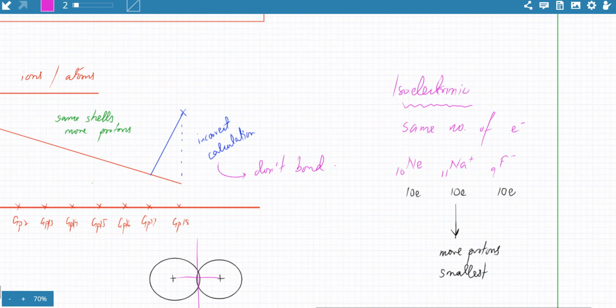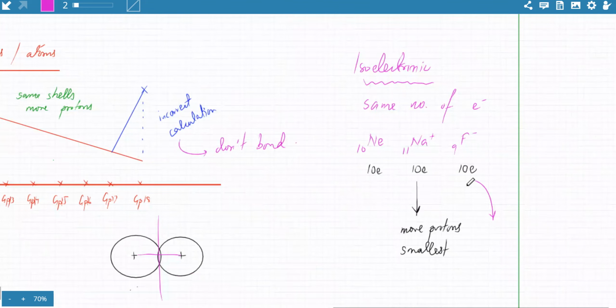And जिसके least protons होंगे ना, वो सबसे कम attract कर रहा होगा. That is going to be the largest.